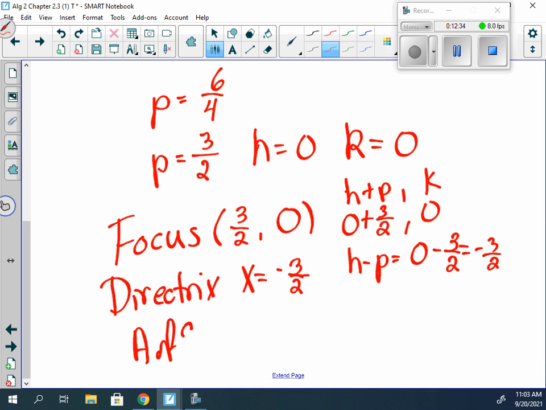Axis of symmetry. y is equal to 0. y is equal to k. And k in this case is 0. And that's it. Questions on this here?